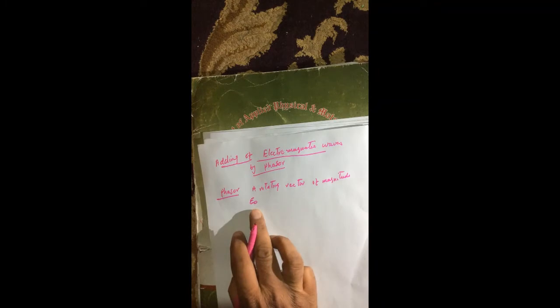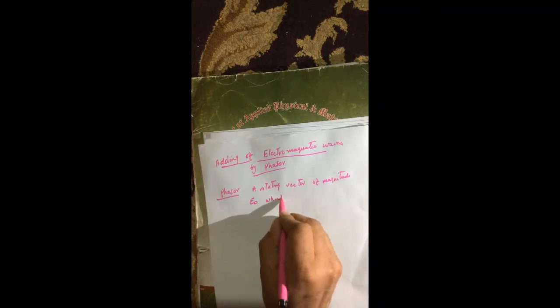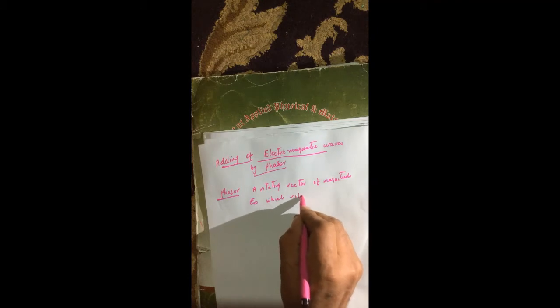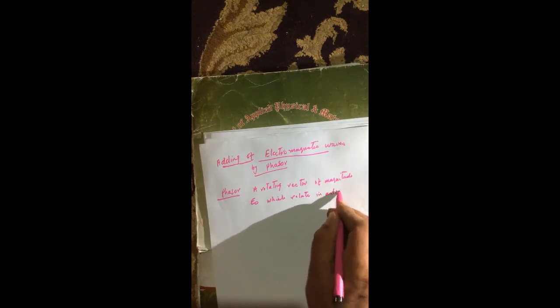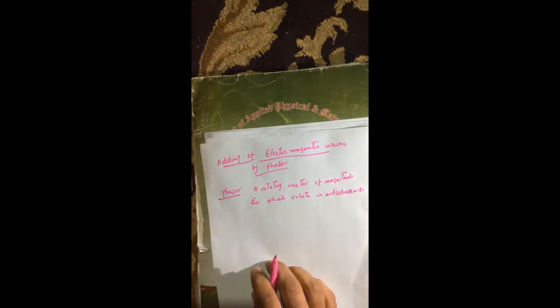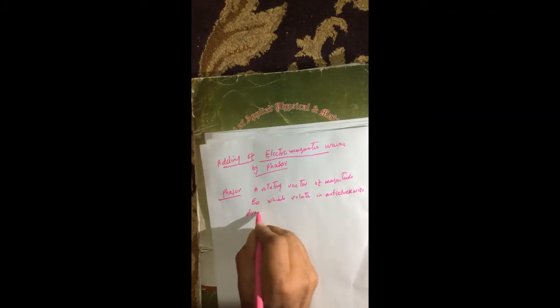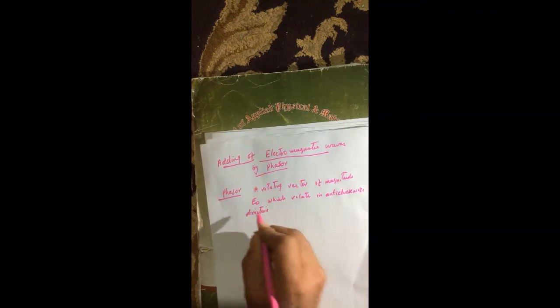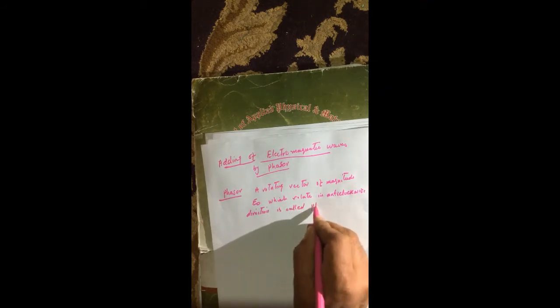Let's say this is the magnitude of a rotating vector which rotates in anticlockwise direction, is called a phasor.